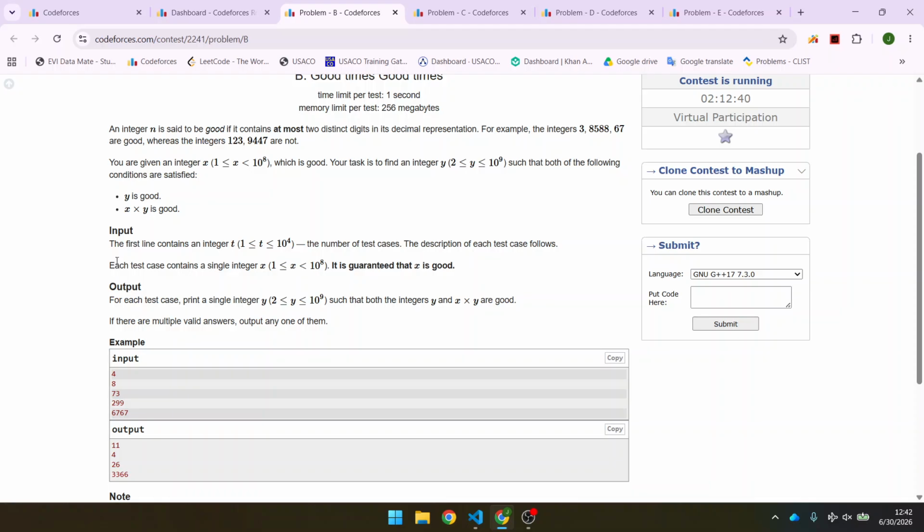I think an integer with at most two distinct digits. So if x has two distinct digits and then you multiply it by y, y is 2, 3, 4, 5.